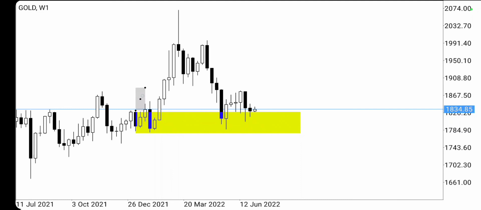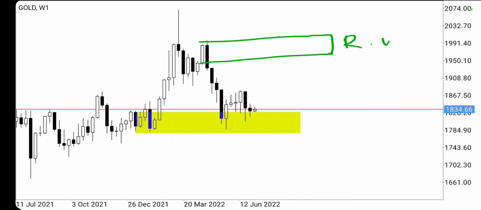Right, so let's go. Now we are on weekly, and we need to do the same. We need to mark the level above and the level below. The level above here would be from here. It's our resistance on weekly.